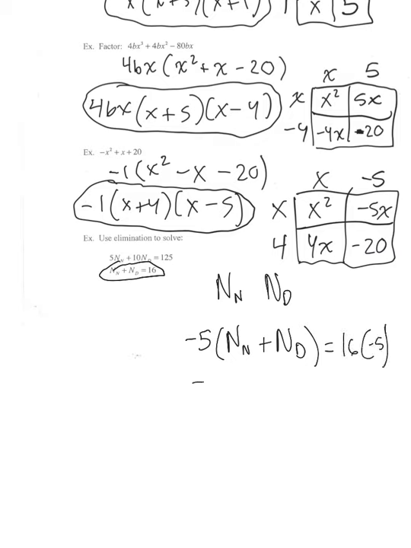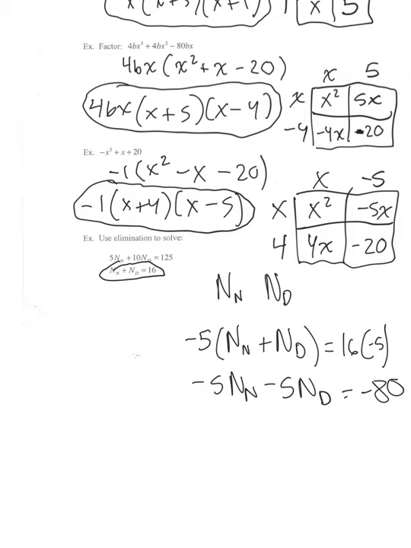And so we end up with negative 5 n sub n plus negative 5, or maybe I should just do minus 5 n sub d equals negative 80. And so now I have the opposite of 5 n sub n, just like I wanted.